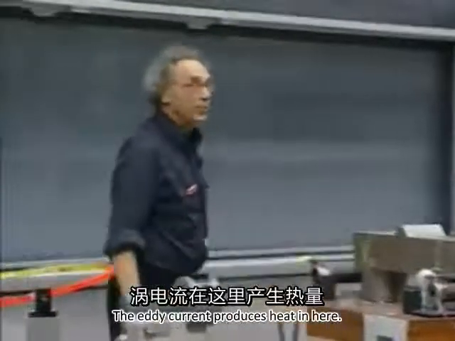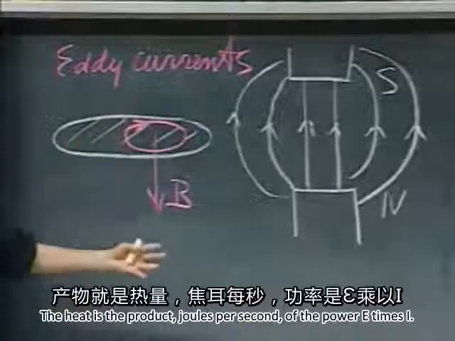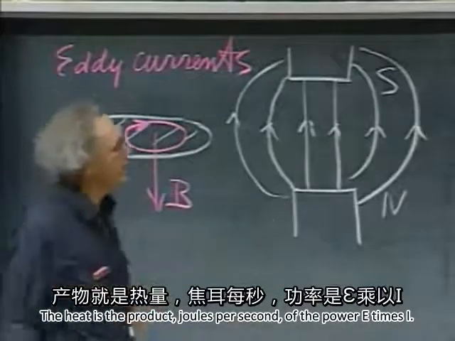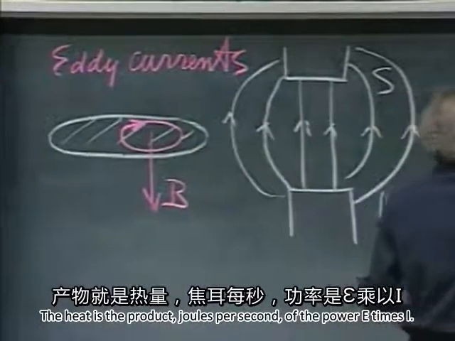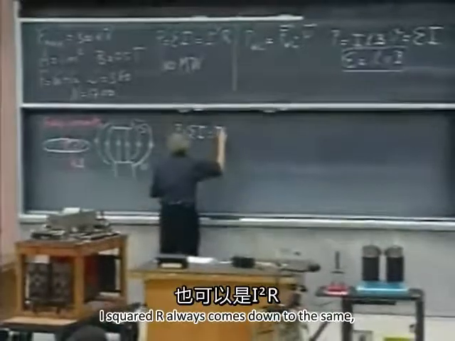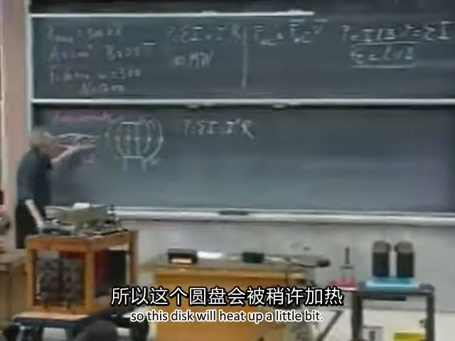The eddy current produces heat in here. The heat is the product, joules per second, of the power, E times I. I²R always comes down to the same. So this disk will heat up a little bit.